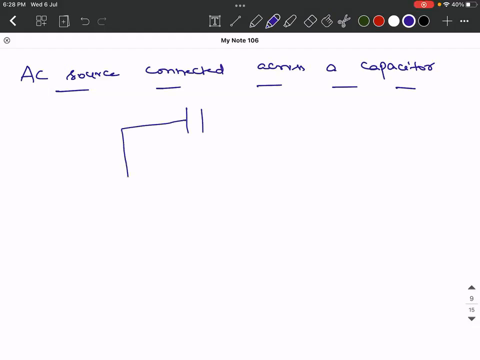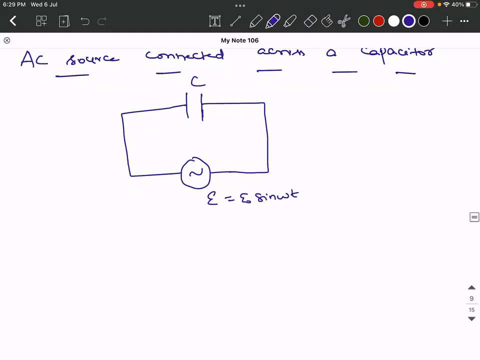So AC connected across a capacitor. So when I take a capacitor and connect it across an AC source, where the capacitance I call it as C, then if I say the input value is E is equal to E naught sine omega t, then what is the amount of charge that will be stored on the capacitor?